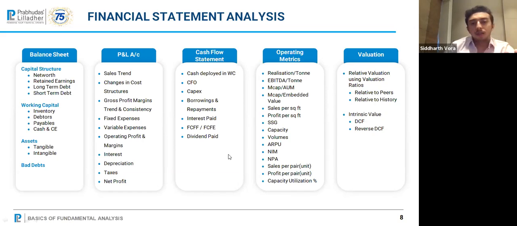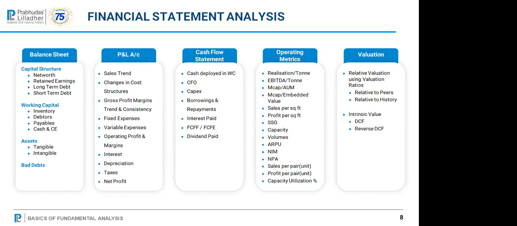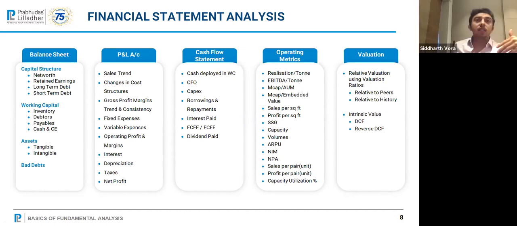Now, P&L, this is probably the simplest piece to understand. How are the sales growing? What is the trend of sales growth? Are there any significant changes in cost structure on the higher or lower side? There are phases in a company when the company is heavily reinvesting, increasing the number of employees, increasing the marketing expenditure, things like that.